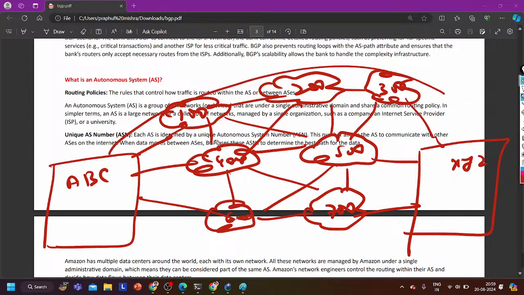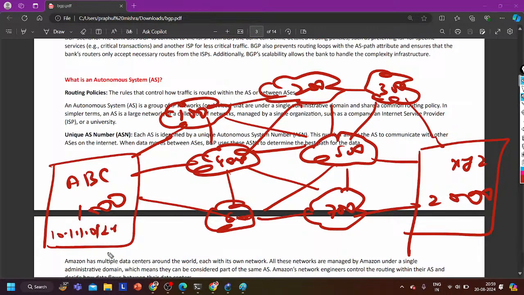Let's suppose my company's AS number is 1000 and the other is 2000. Whenever company ABC advertises any prefix to XYZ, let's say ABC has one prefix, 10.1.1.0/24, ABC is going to advertise this network to XYZ.